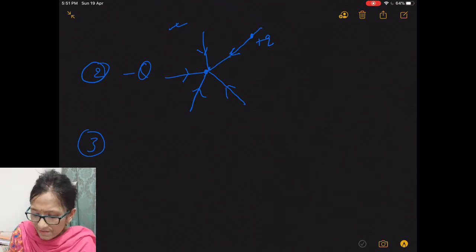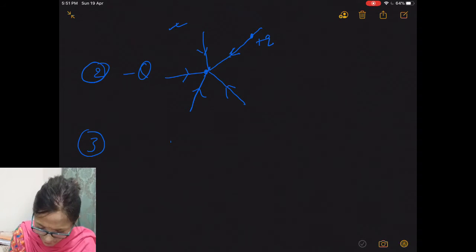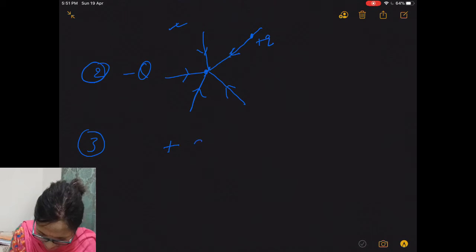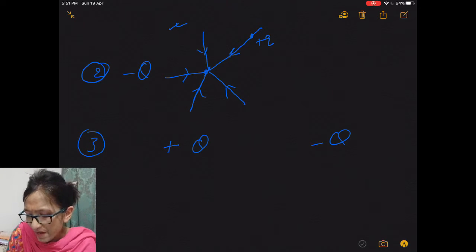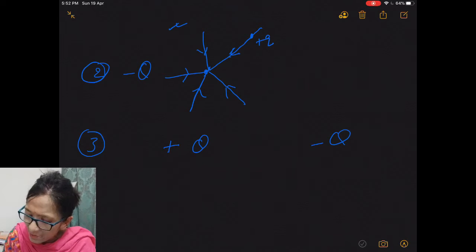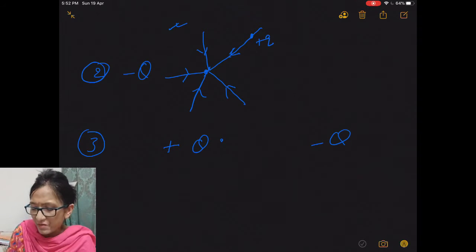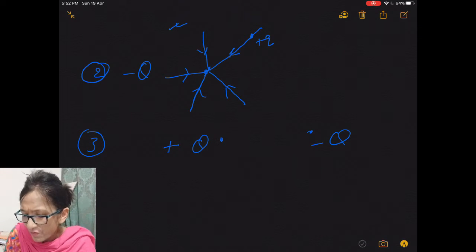Let us consider some more cases for clarity of these field lines. Suppose we have two unlike charges, and we find how the field lines are.